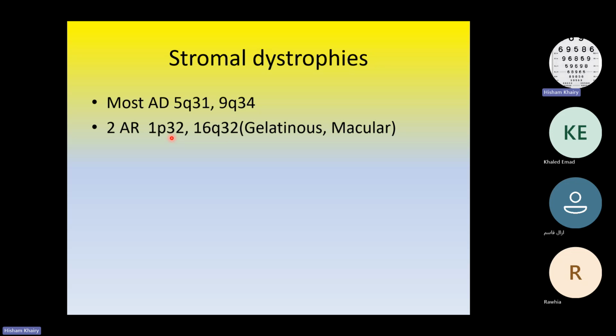So moving forward to stromal dystrophies, most are autosomal dominant. A number have the gene defect either at chromosome 5, long arm, locus 31, or chromosome 9.